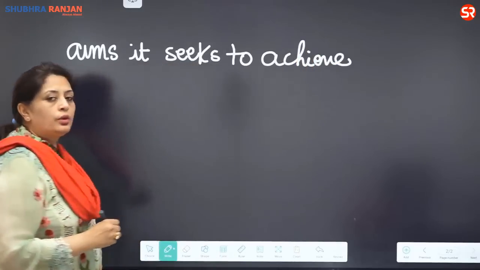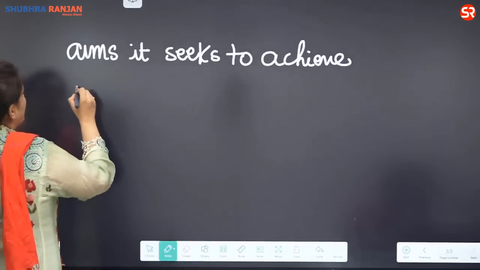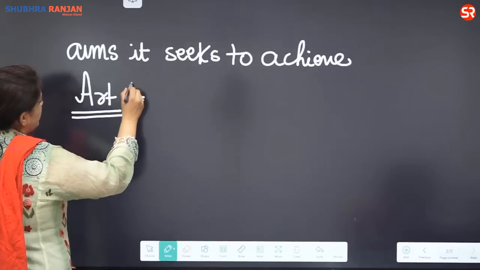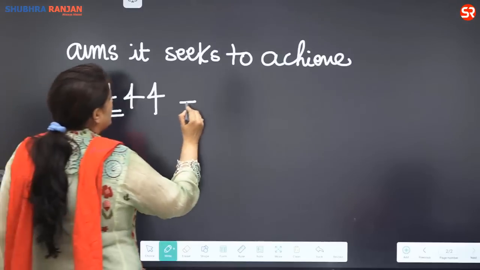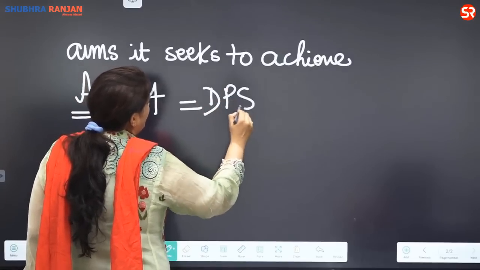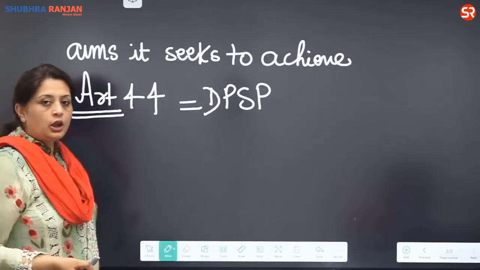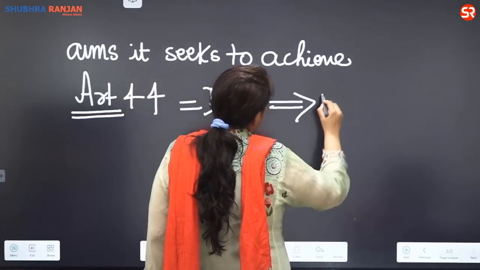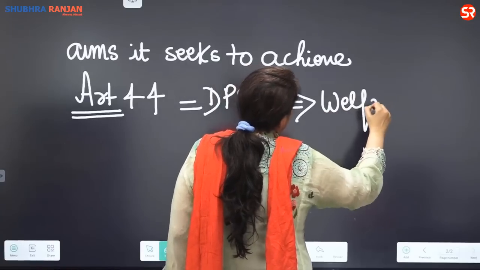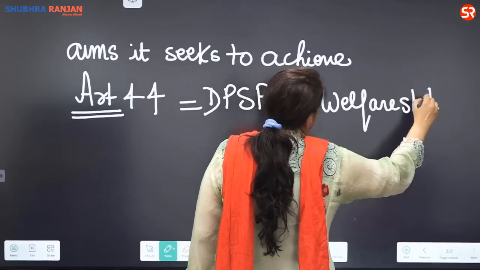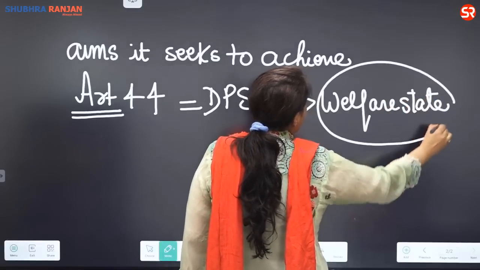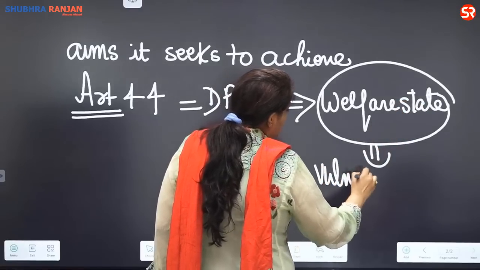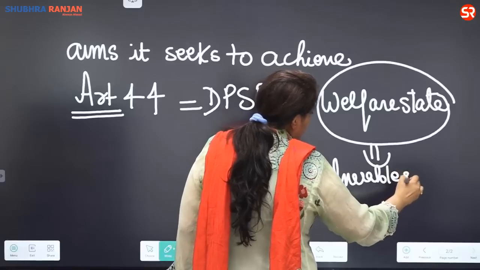Fine. So you can always mention that the Uniform Civil Code is mentioned in Article 44, which is a part of the Directive Principles of State Policy. So the Directive Principles of State Policy try to establish a welfare state in the country, and the very idea inherent in the welfare state is the protection of the vulnerable sections of society.